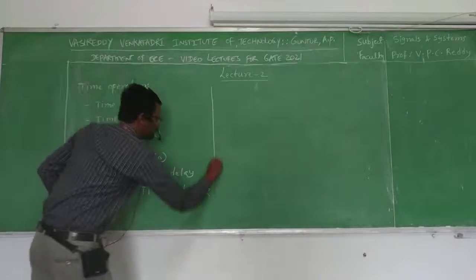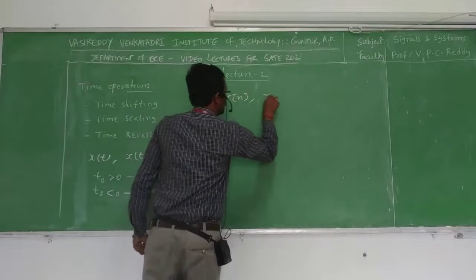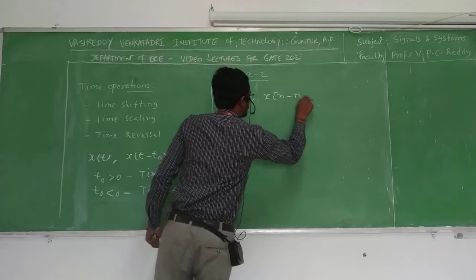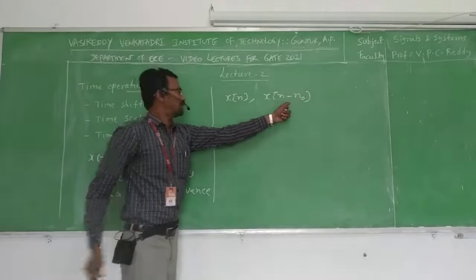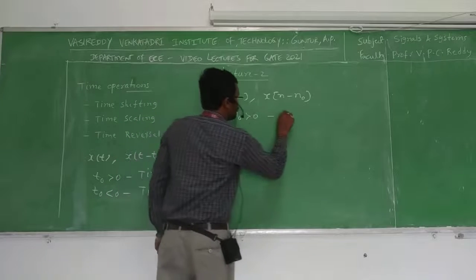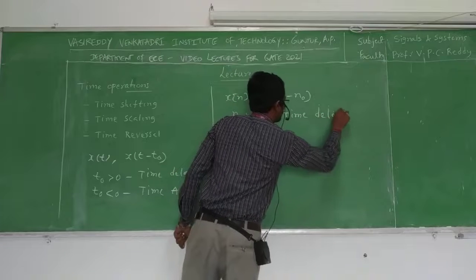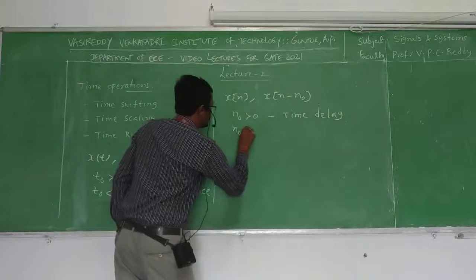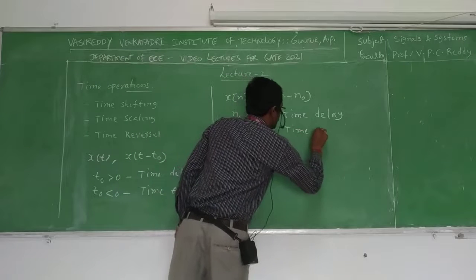When it comes to discrete time signals, x of n is the given signal, and x of n minus n naught is called the time shifted version of the given signal. Here, if n naught is greater than 0, this is said to be time delay or right shift. If n naught is less than 0, that is negative, this is time advance.